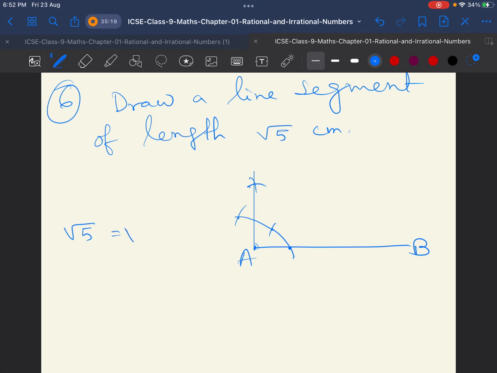Okay, so now first root 5 we can write. Root 5 equals the square root of 2 square plus 1. 2 square means 4 plus 1, so this is root 5.